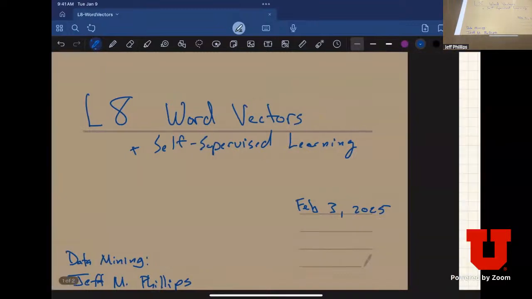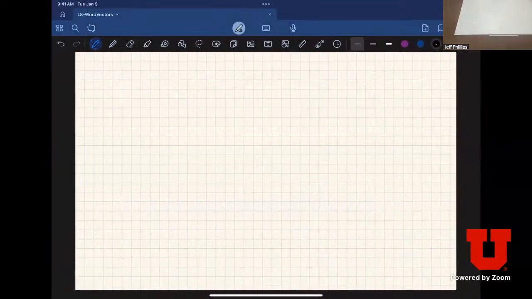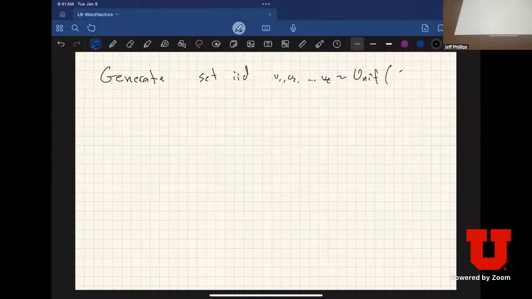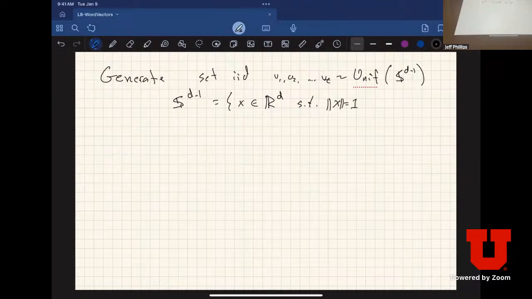Okay, so before we get started, there was this question on your homework where I asked you to generate a set of IID vectors U_1, U_2, up to U_T that are uniform from S^{d-1}. Remember, S^{d-1} is the space of all vectors in R^d such that the norm of X is exactly equal to 1.